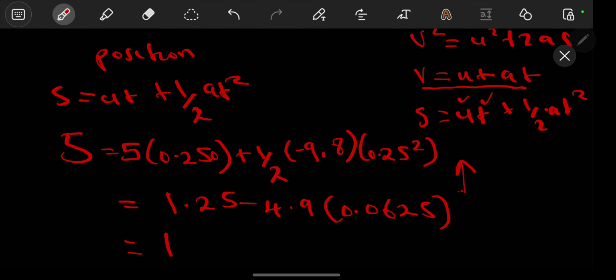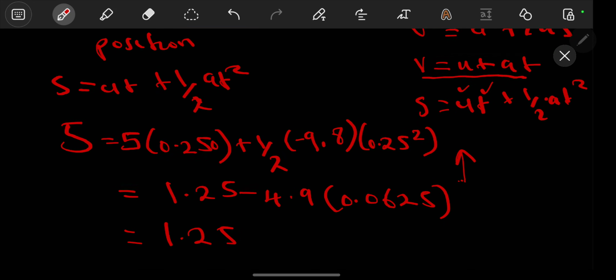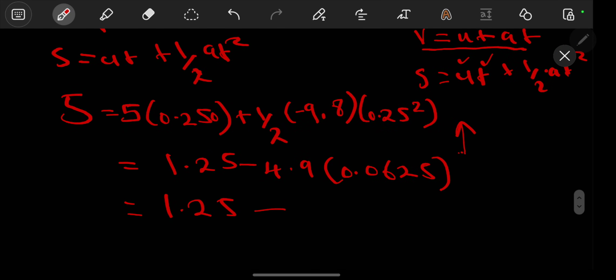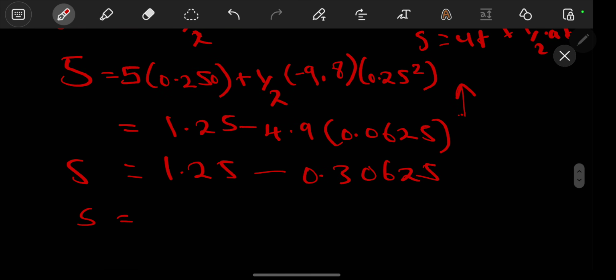So multiplying that, we have 1.25 there, then minus 4.9 times 0.0625, which gives 0.30625.